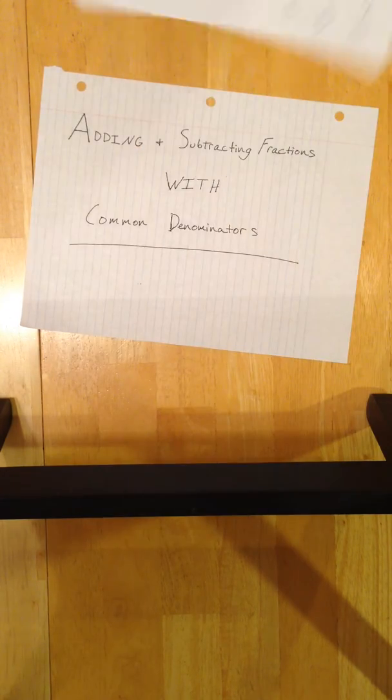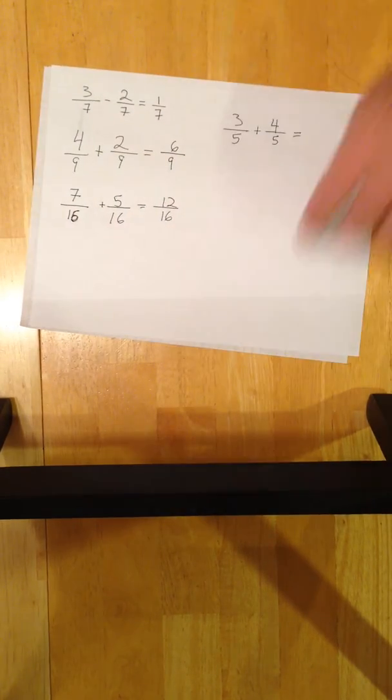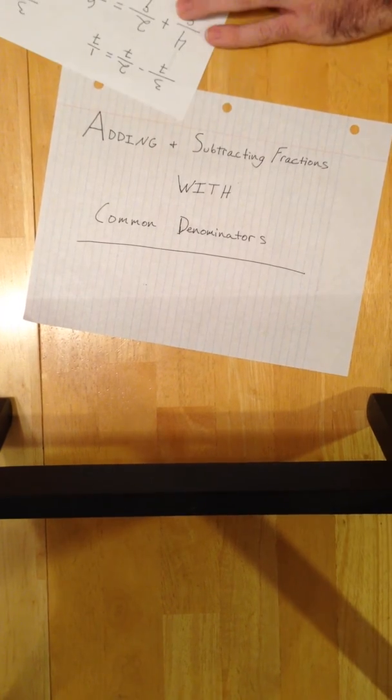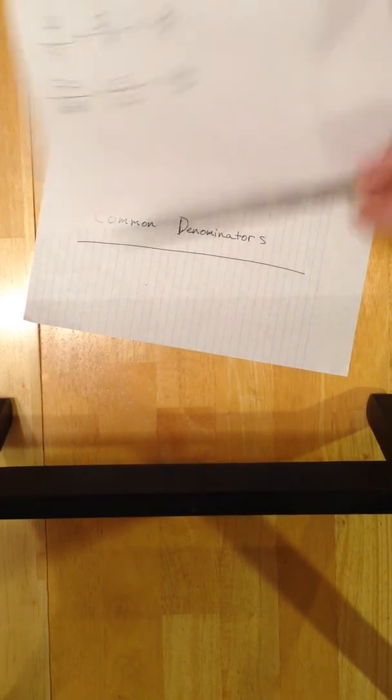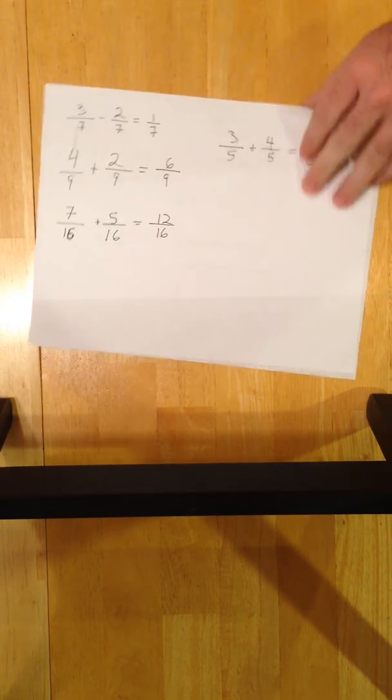Everyone understand that? All right, now the last one is going to be a little bit more tricky. I want you to write 3/5 plus 4/5 equals. Okay? Well, everyone can see that 3 plus 4 equals 7, so we have 7/5. Now wait a second. The numerator is larger than the denominator. So what that means is we have a whole, right?